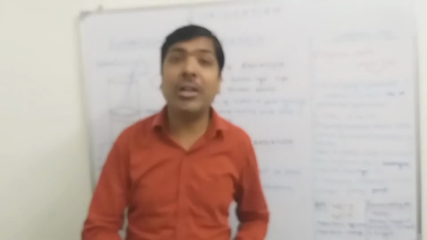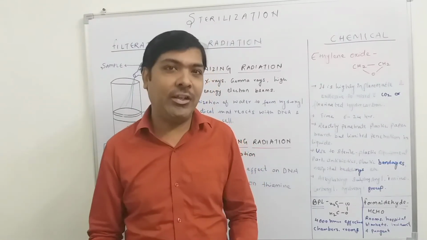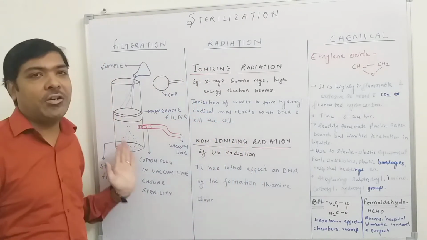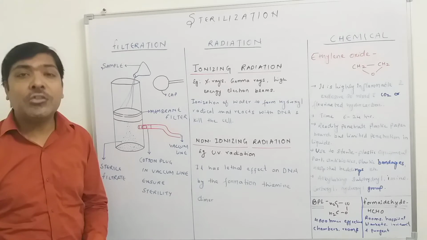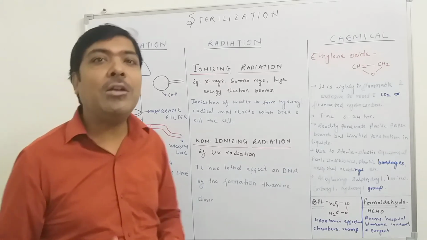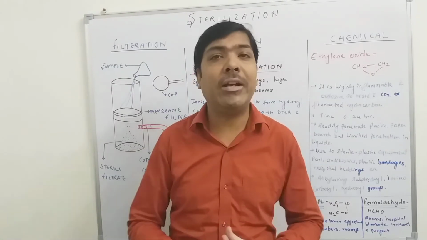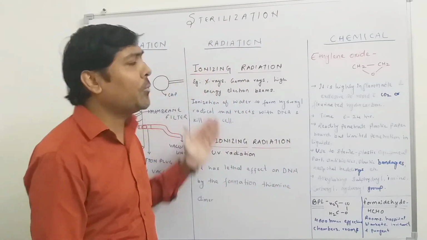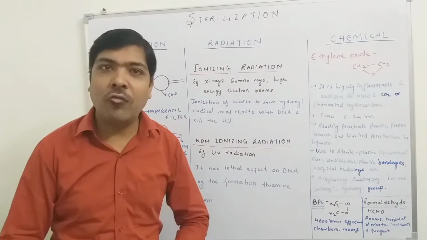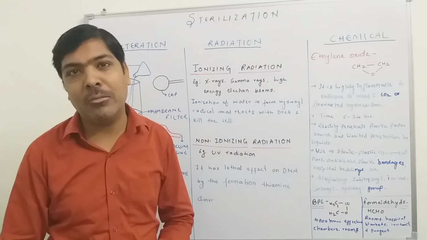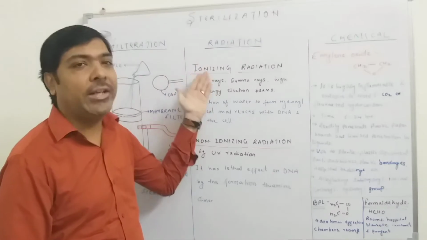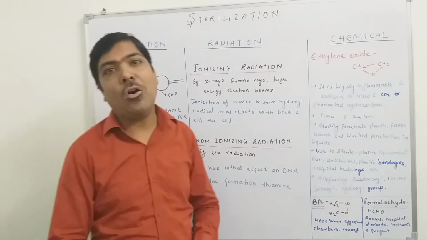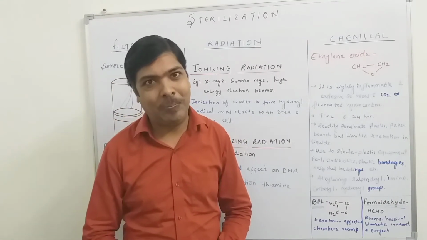But if your pharmaceutical preparation is not liquid in consistency, then we cannot use the filtration method either. So if the material is not stable to heat and is not liquid in nature, the next most suitable option for sterilization is radiation, either ionizing or non-ionizing.